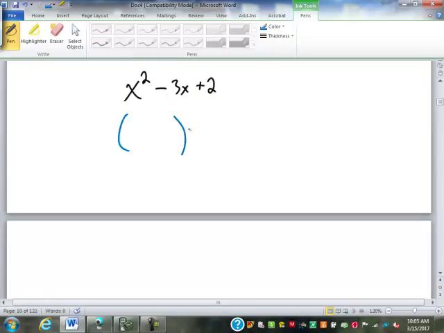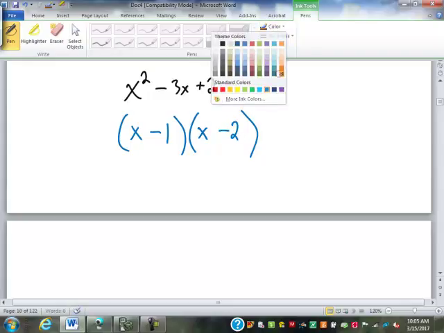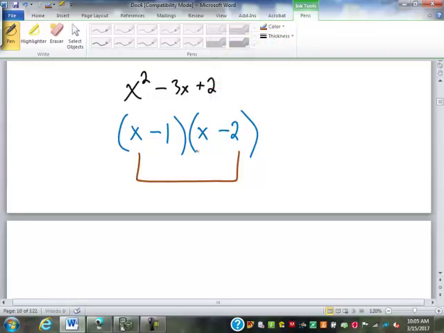So we're going to try this reverse multiplication, or FOIL in reverse. To make x squared, of course, it's still x times x. The last digits have to multiply to make 2. That's pretty simple. It's just 1 times 2, but here it has to be negative 1 and negative 2. And when we double check it, it will work. X times negative 2 is negative 2x. Negative 1 times x is negative 1x, makes negative 3x.